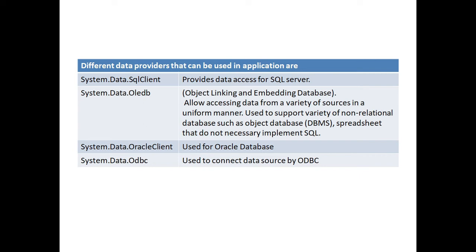Different data providers that can be used in applications are System.Data.SqlClient, which provides data access for SQL Server; System.Data.OleDb, that is Object Linking and Embedding Database, which allows accessing data from a variety of sources in a uniform manner, and is used to support a variety of non-relational databases such as object databases, DBMS like Access, and spreadsheets that do not necessarily implement SQL.